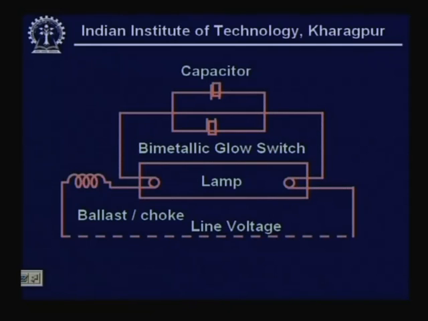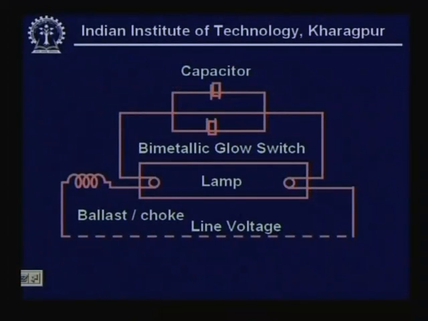There is a capacitor which, because of this inductor, is needed since the inductor is bound to alter the power factor, and we know that all our systems should operate as close as possible to unity, so that the conductor sizing for the input power supply becomes nominal. And there is a switch.